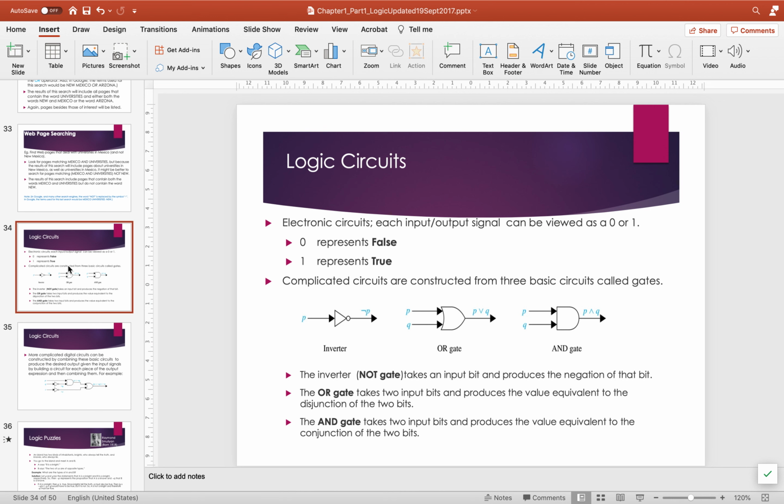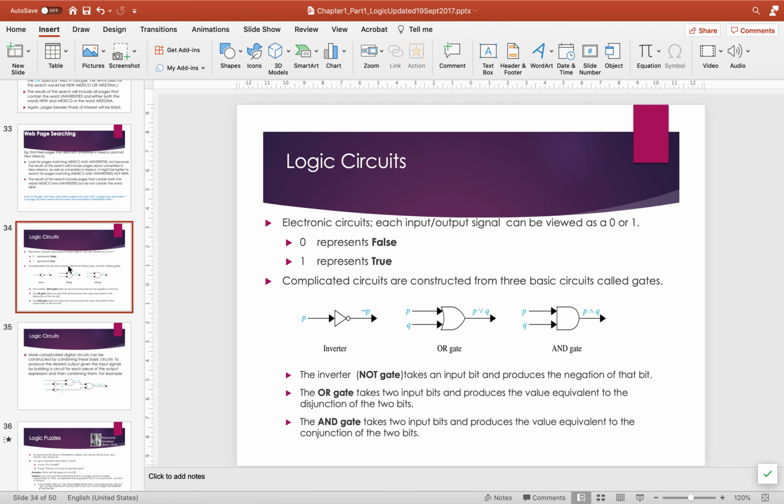Alright. For the OR, okay, for the OR we have two statements P and Q, and after P and Q go through this OR gate, it will give us P or Q. Same goes to the AND. We have two statements here, P and Q. After it goes to the AND gate here, it will get P and Q. Okay?